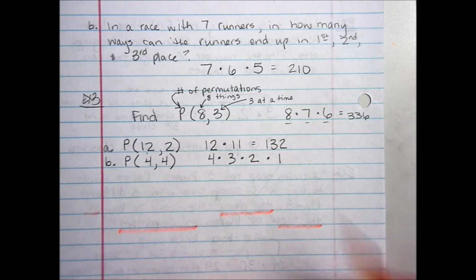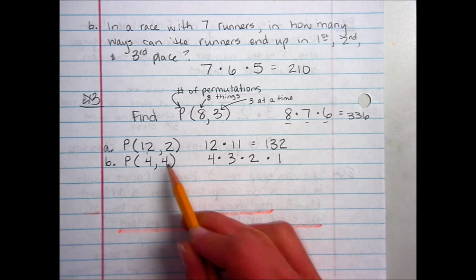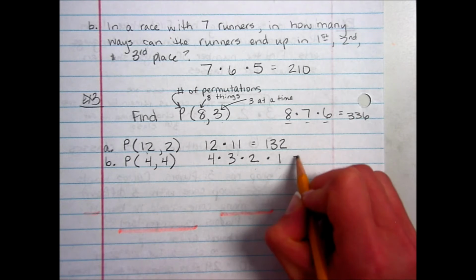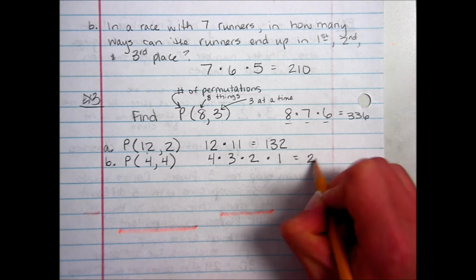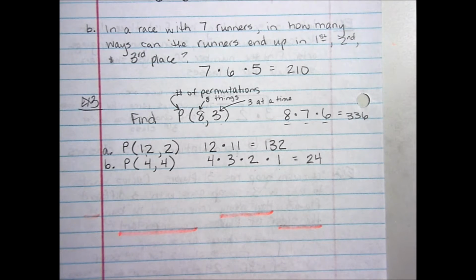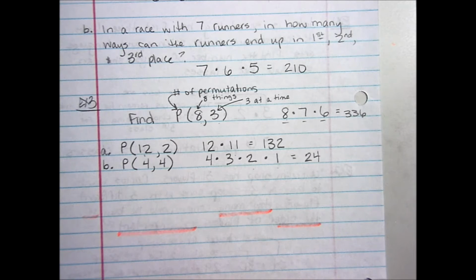So I started with a 4, and it has to happen 4 times. 1, 2, 3, 4. Multiply all of that together. 24. Because 4 times 3 is 12, and 12 times 2, 24. 24 times 1 is 24.